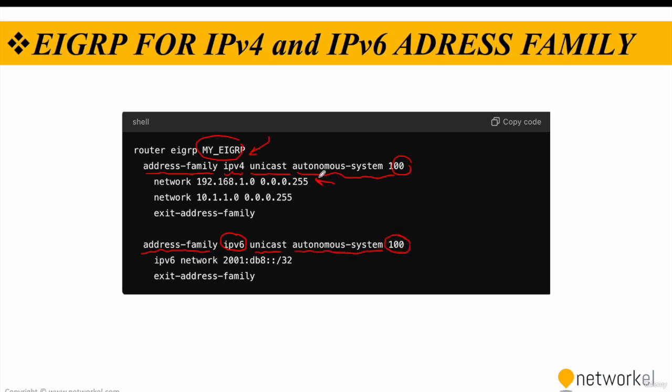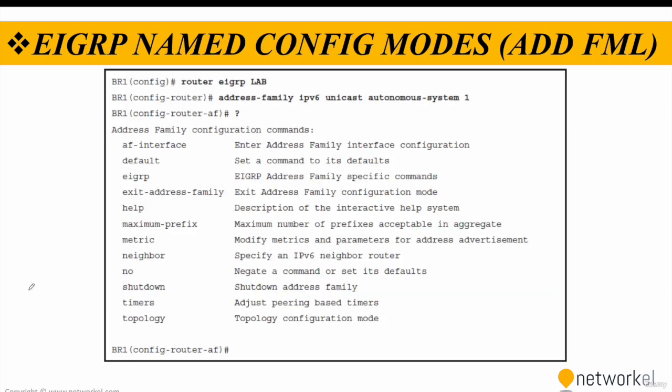And then you go ahead and define your network statement same like in IPv4 EIGRP. Then you exit this address family. That is it.